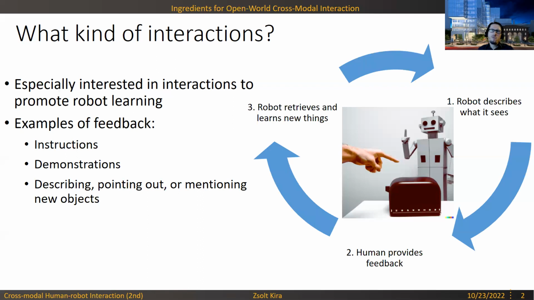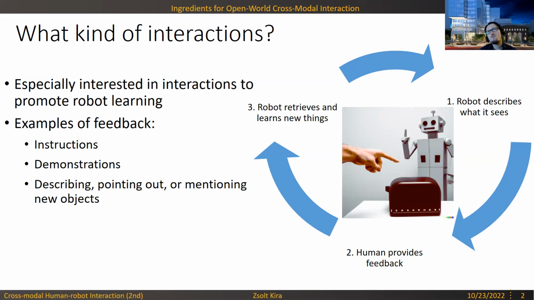One example that I tend to think about is this cycle where a robot can describe what it's seeing, so mapping perceptual inputs into natural language descriptions, for example, image captioning. The human can take that natural language input and perhaps provide feedback in order to correct the robot's knowledge.